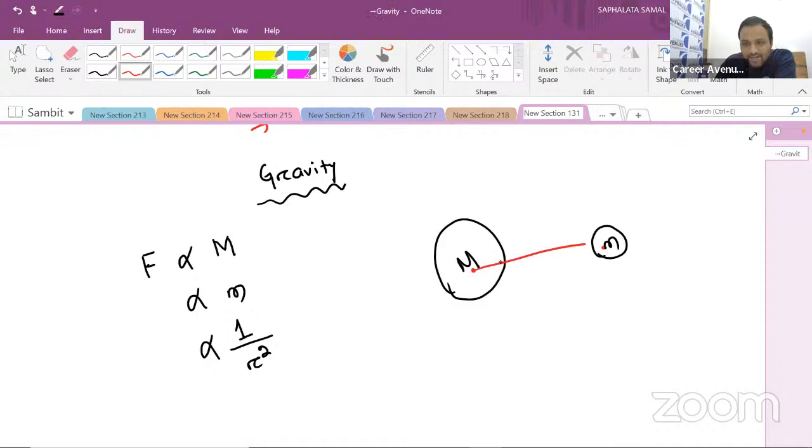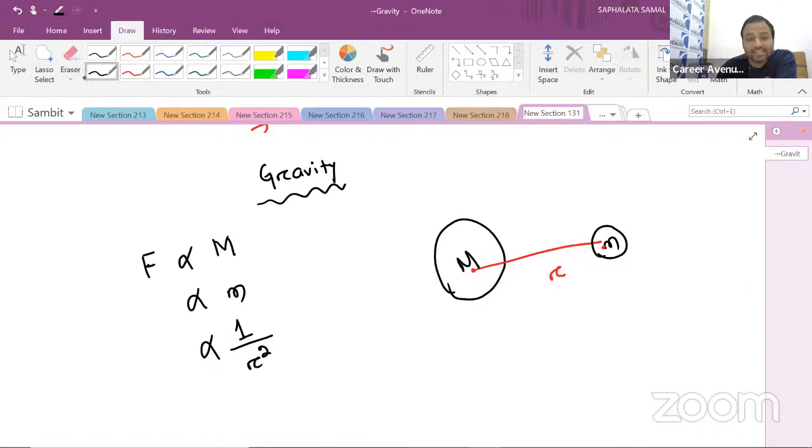Let's say this is the distance r between the centers of the two bodies, and the force will be directly proportional to the two masses and inversely proportional to the square of the distance.